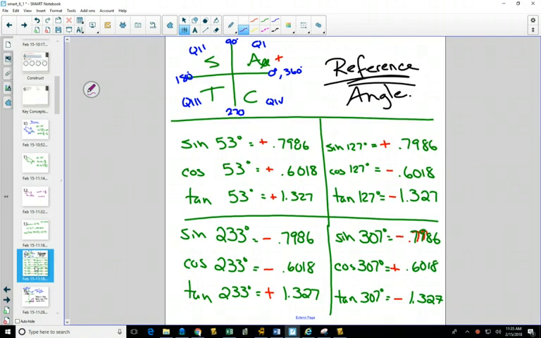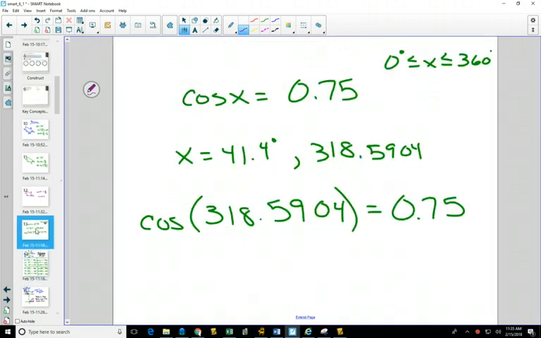So if I want a ratio of 0.75, my CAST rule tells me it needs to be in quadrant 1 or quadrant 4, because that's where cos is positive. So in quadrant 1 it was 41.4, in quadrant 4 it was 318.6.